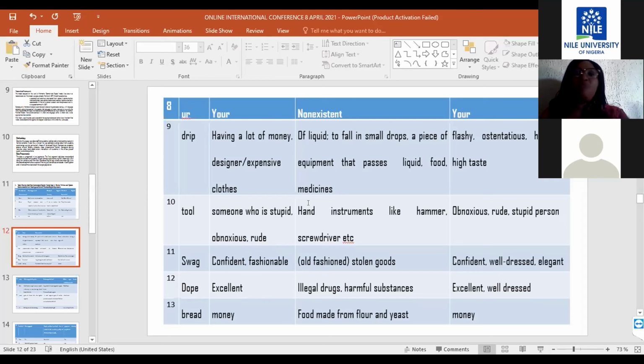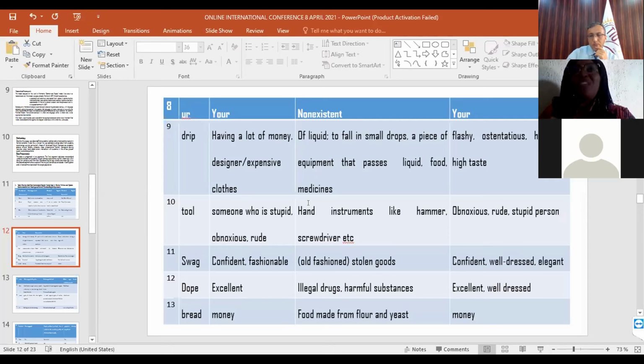So what then would be the appropriate standard English word instead of drip? It would be either flashy, ostentatious, or one having a high taste. So he has a high taste would be most appropriate. And may I announce to us that these usages have the various forms, like in situations where they're used as verbs, you can have the simple past, you can have the past participle.